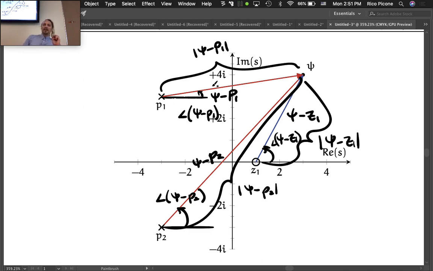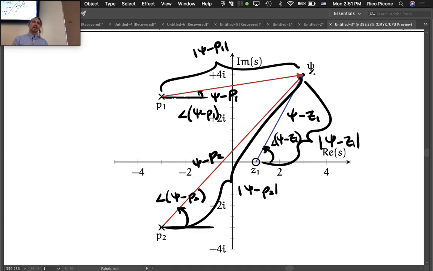Okay. So this thinking in terms of vectors, evaluating a transfer function in terms of its poles and zeros at the test point psi, we're going to be able to say, like this point up here, it's either on the root locus, so it is a solution for the closed loop poles, or it's not.